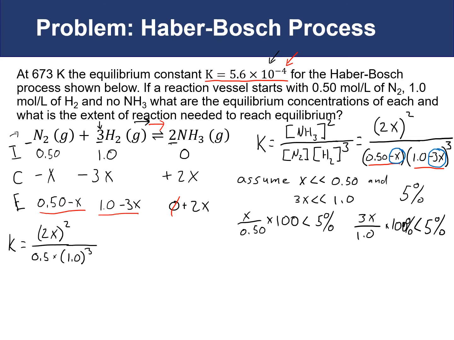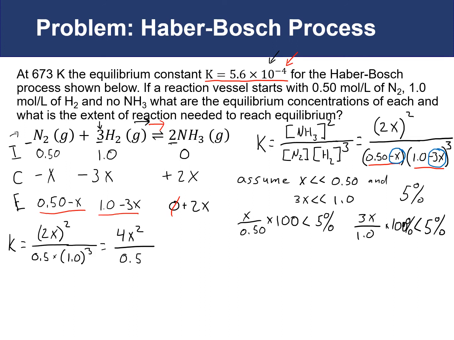Keep in mind that the 2 is within the parentheses. So if we square everything, this gives us 2 squared times x squared, or 4x squared, over 0.5 times 1 raised to the third power. 1 raised to the third power is 1, so this would be 0.5, equal to our k value.